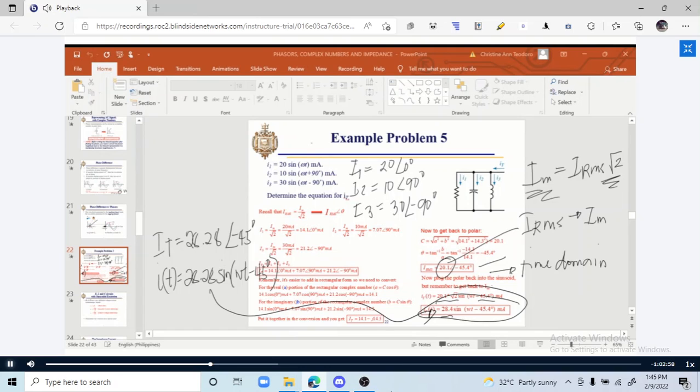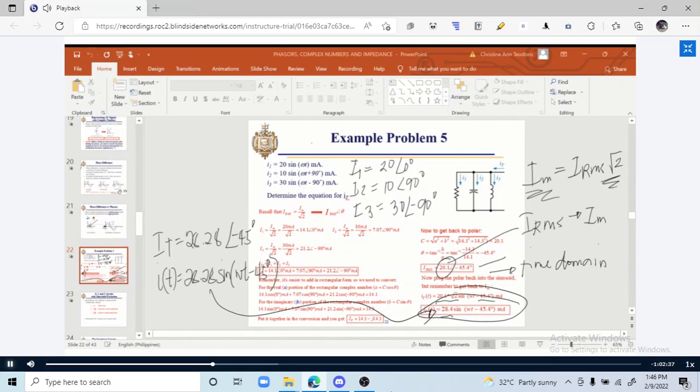So since we already got the total current in phasor format, have we already got the right answer to the problem? Are we done? No. Okay, according to Steve, we are not yet done.